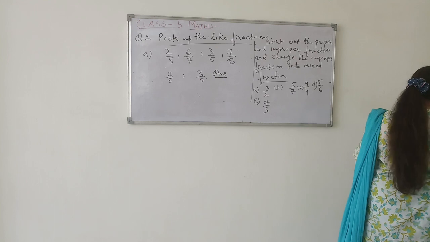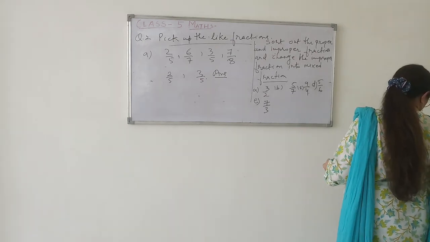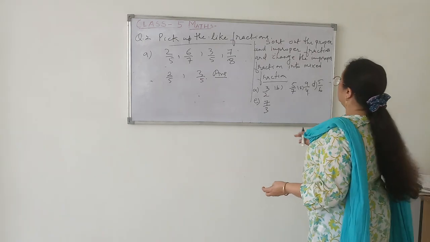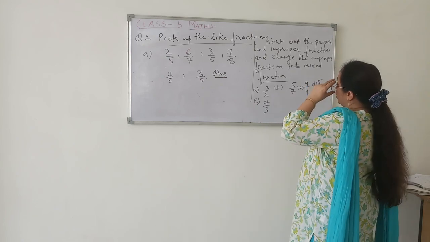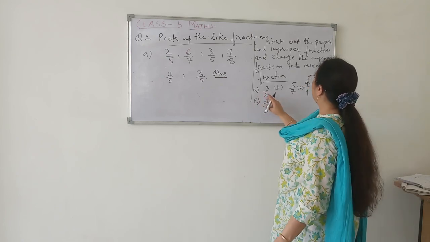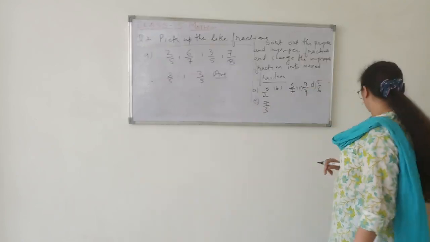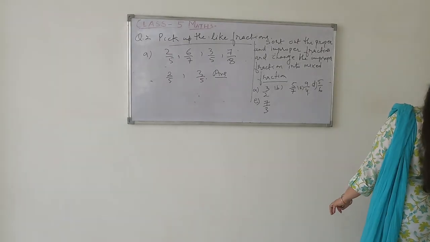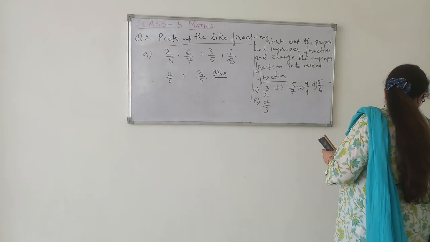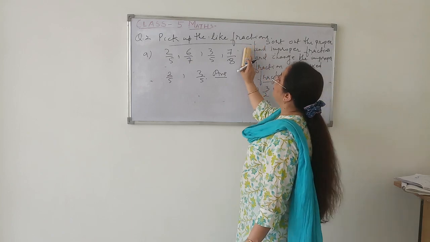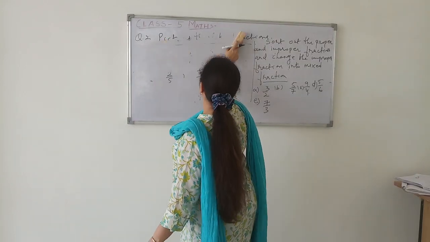Now here we have to see which one is the proper and which one is the improper fraction. If the denominators are bigger, then they are the proper fractions.